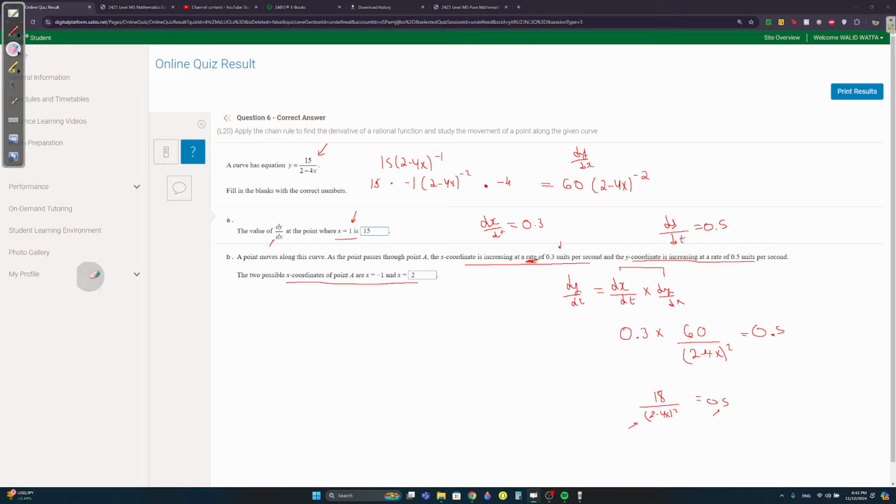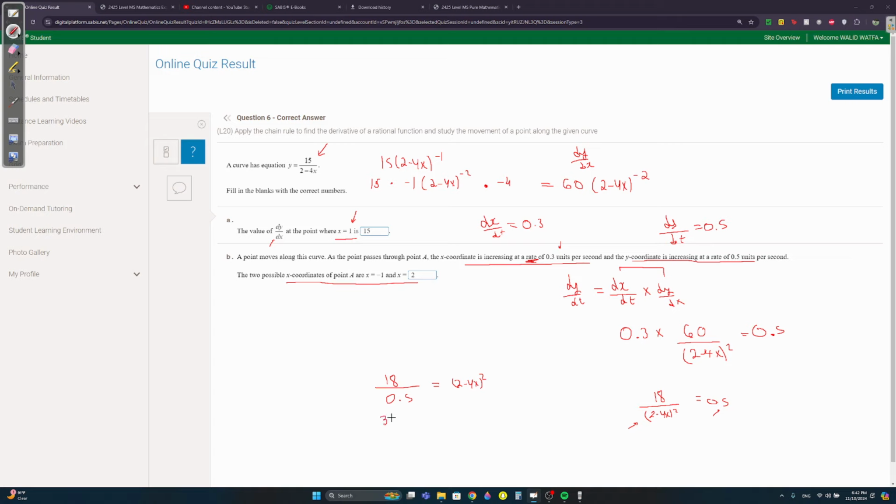It's a very easy trick that helps me a lot in simplification. It's proven in math that if you swap these, it works. So you're going to get 18 over 0.5 equals 2 minus 4x squared.